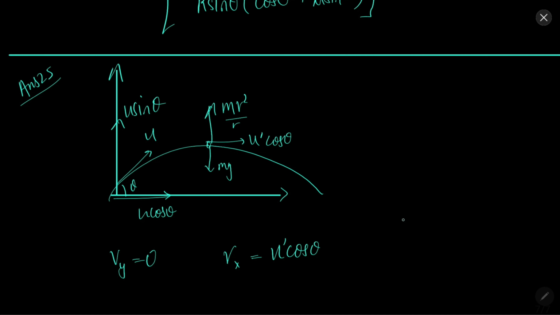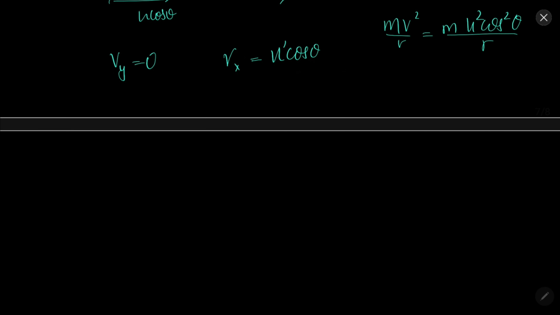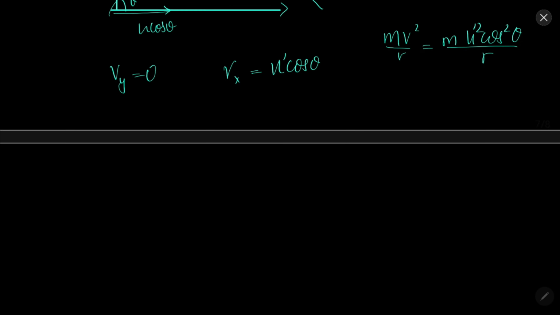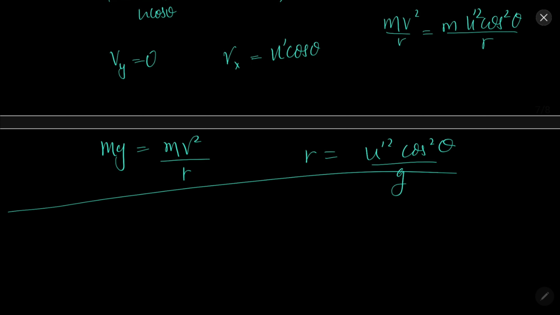So ultimately the centripetal force will be m v square over r, so it will become m u square cos square theta over r, because v is only this factor. So from that mg equal to m v square over r, r will come out to be u dash square cos square theta over g.